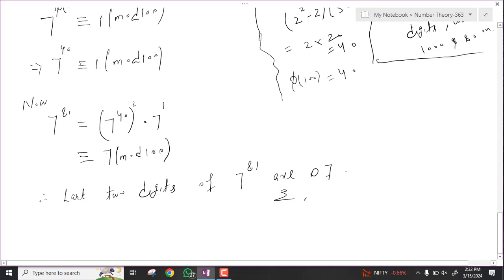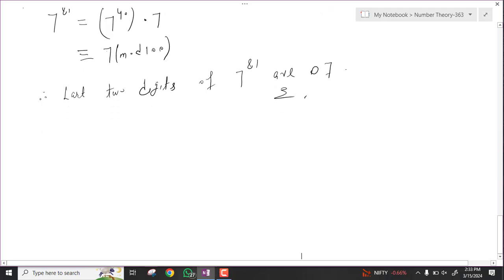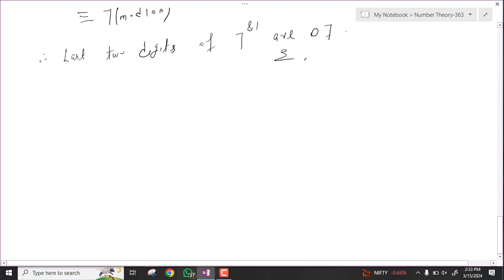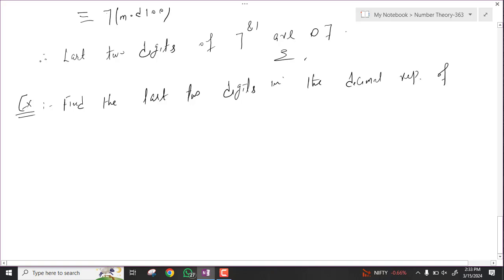I will give you one more example. Find the last two digits in the decimal representation of 3 power 100.